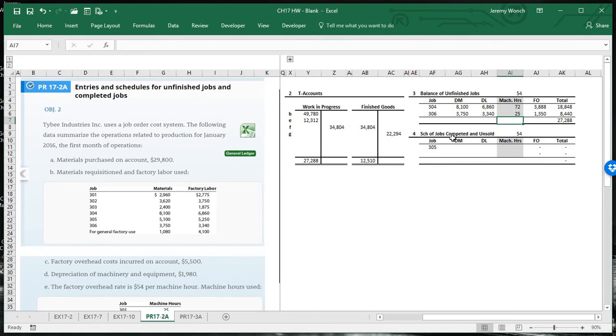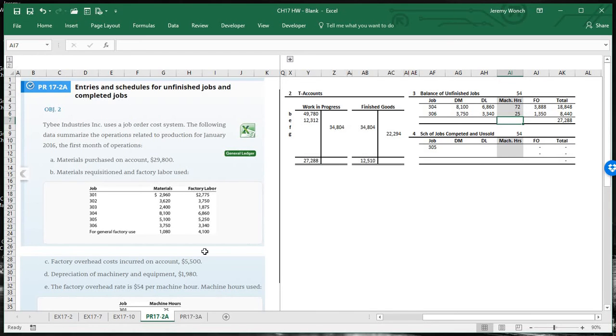And so according to our schedule, the total unfinished goods is 27,288, which thankfully matches what our work in process is. So the work in process is our unfinished goods of 27,288. So these match up. We're in good shape.